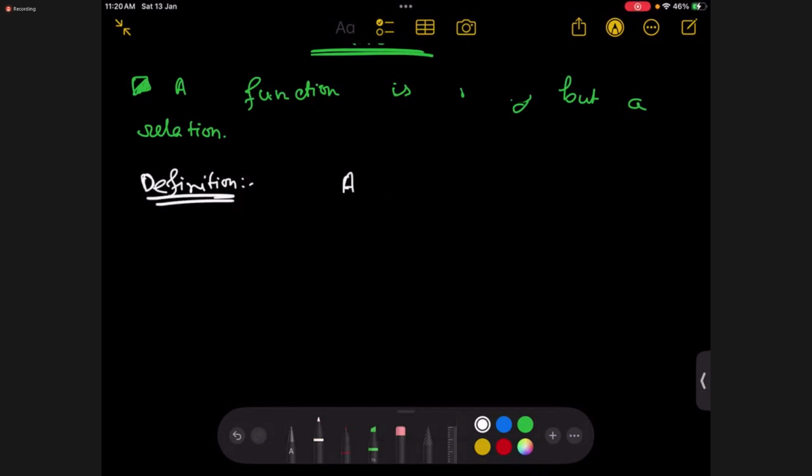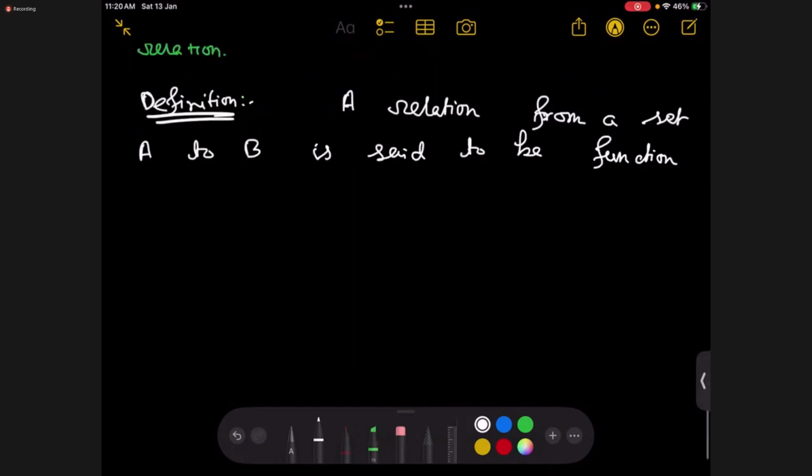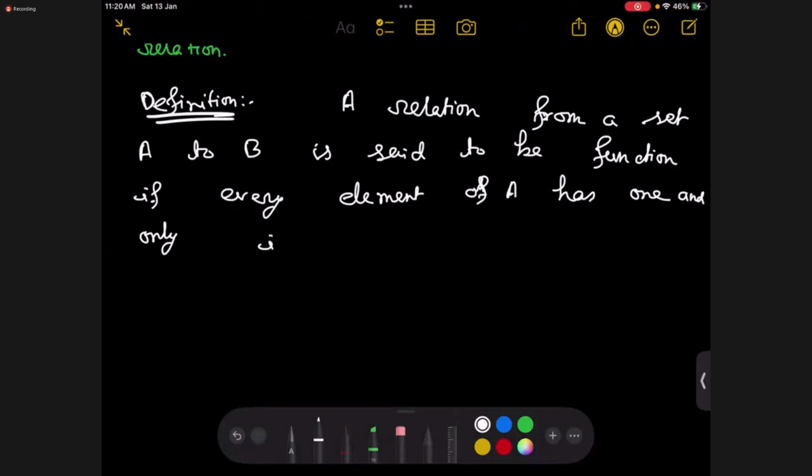A relation from a set A to the set B is said to be a function if every element of A has one and only one image.